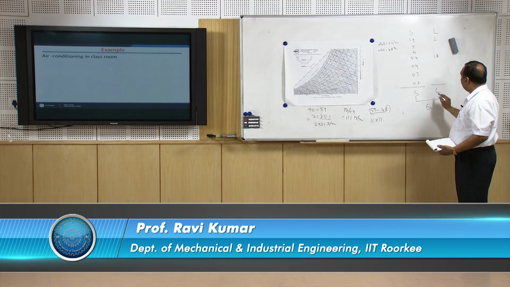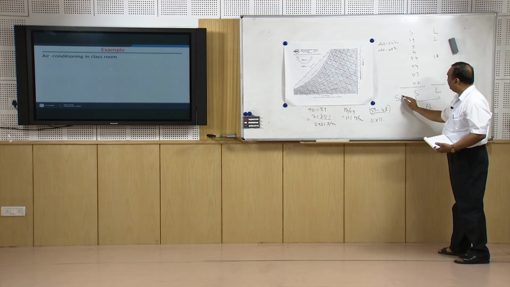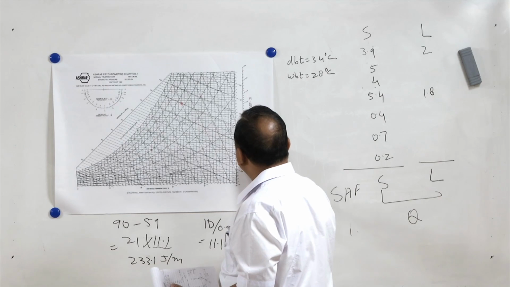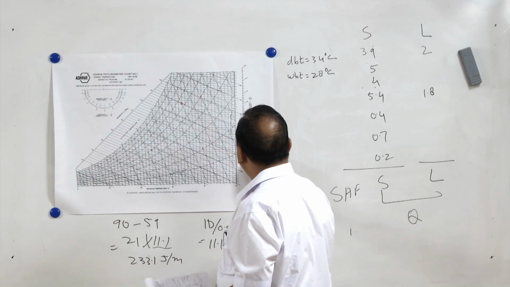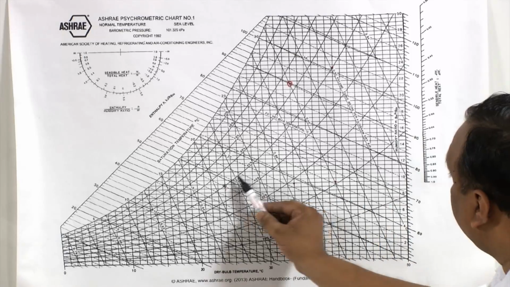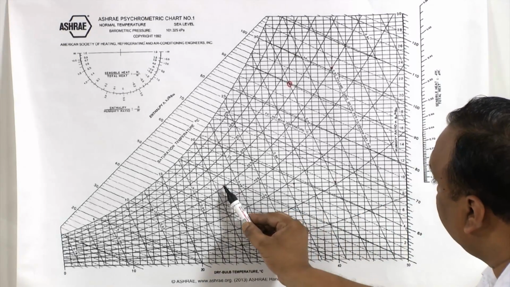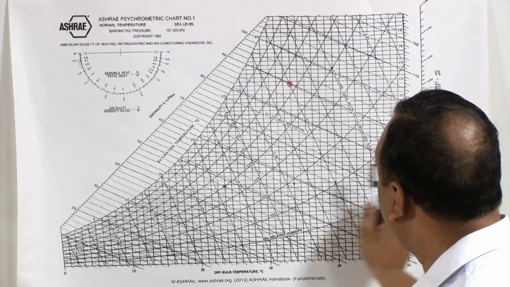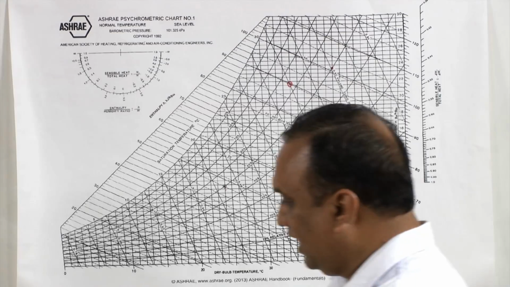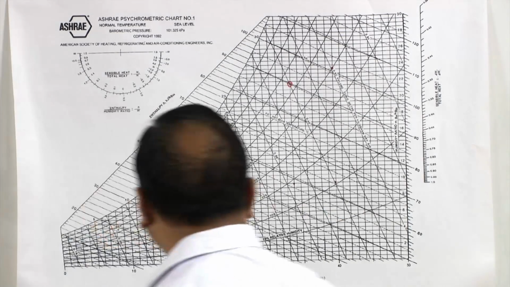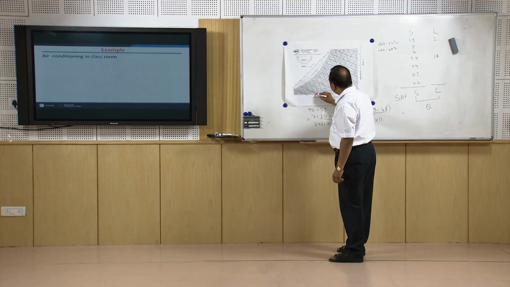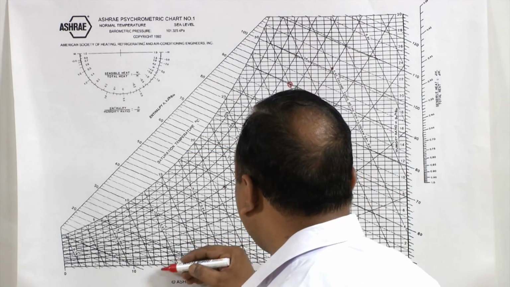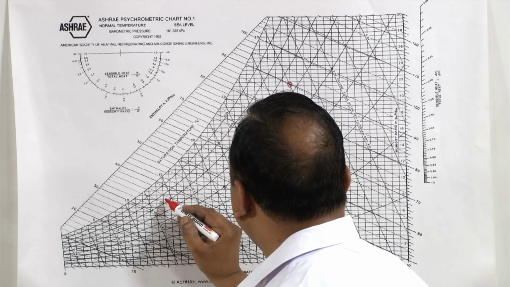Now this sensible heat load and latent heat load, from here you can calculate the sensible heat factor, right. So once you have the sensible heat factor with you, let us say sensible heat factor is 0.8. Now 0.8 will be connected with this, and if you are using the fresh air, right, and I want to supply air to the room at 15 degree centigrade.